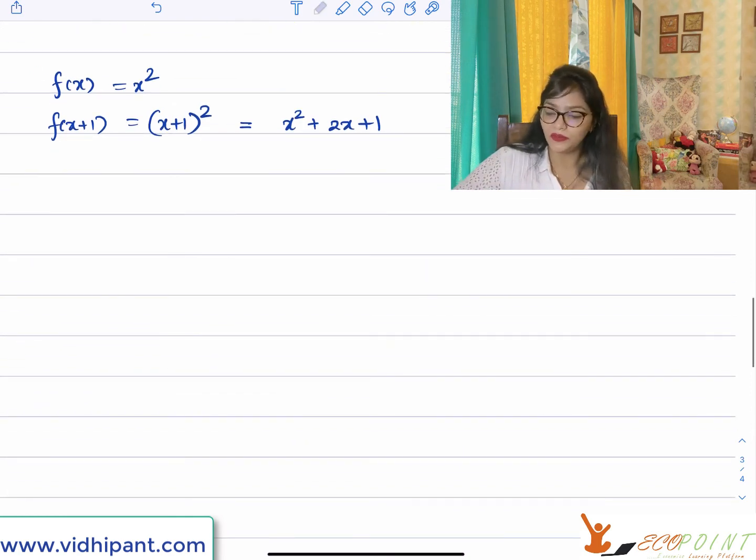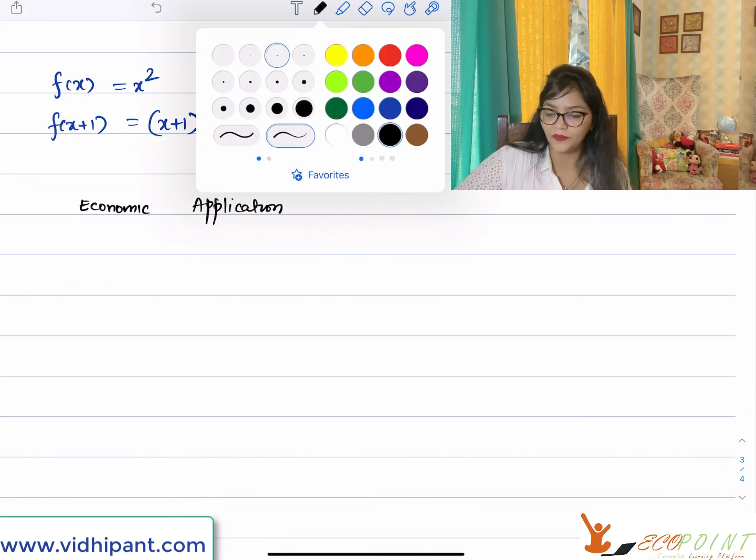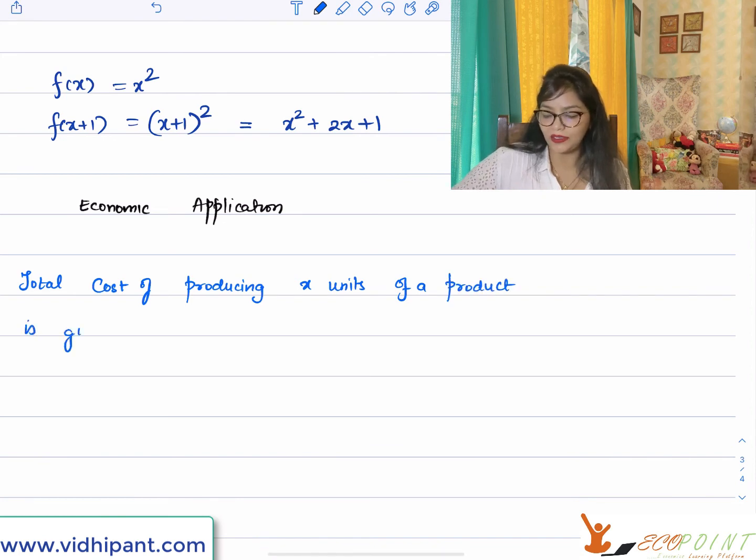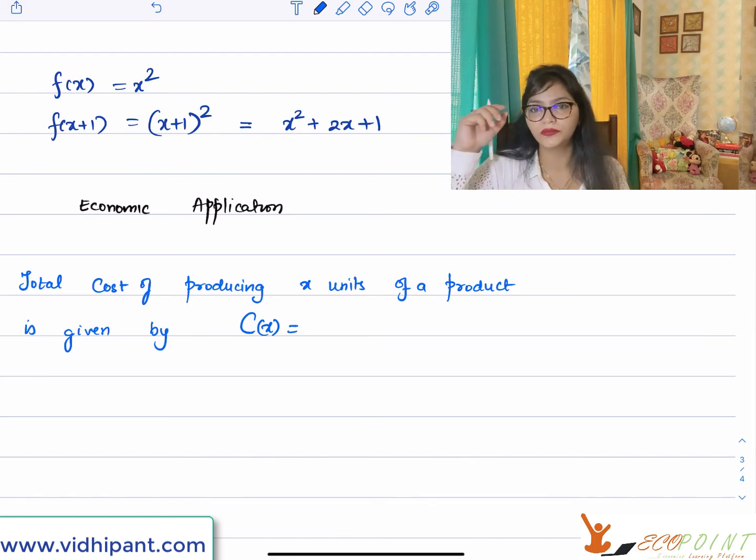Now I'm going to just give you here a brief economic application of functions. So, economic application, wherein I'll just talk about one small concept actually. Total cost of producing x units of a product say is given by a function of x, so cost will be associated to producing x units.